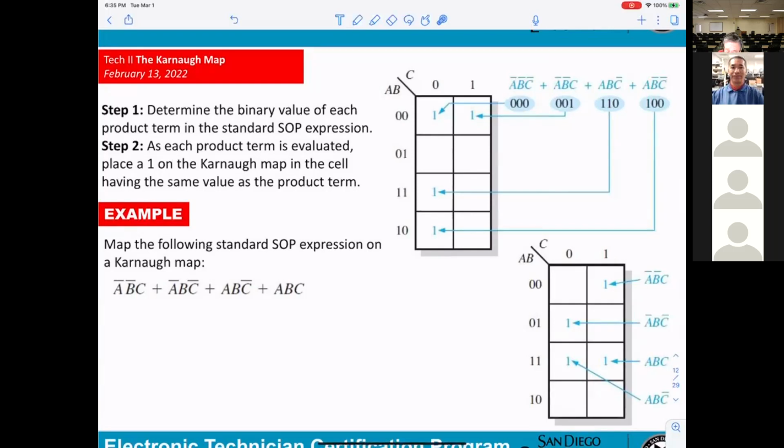The first one you map: not A, not B, not C, so you put a 1.